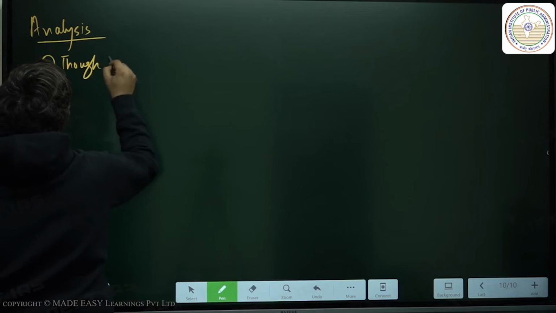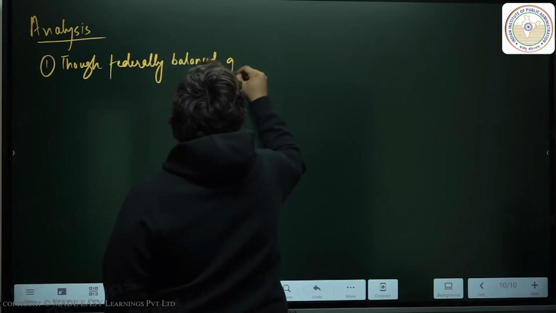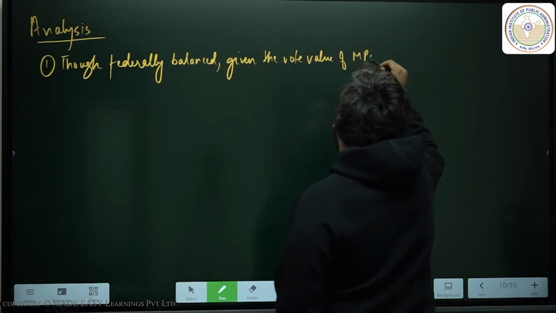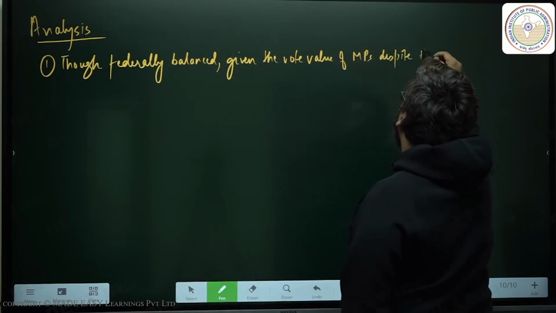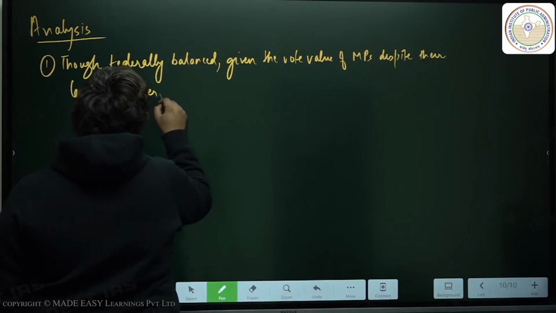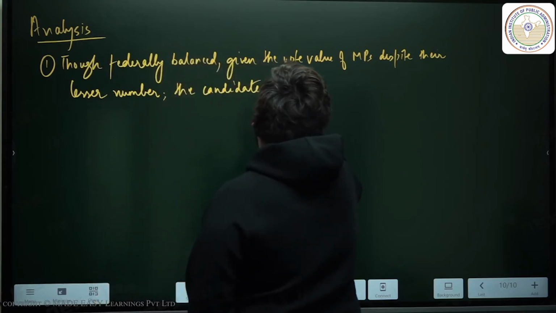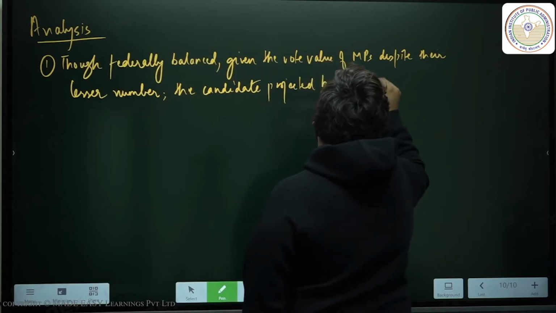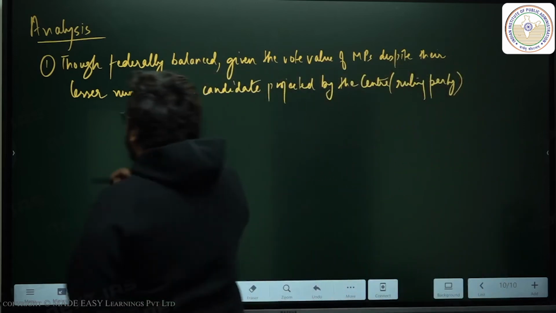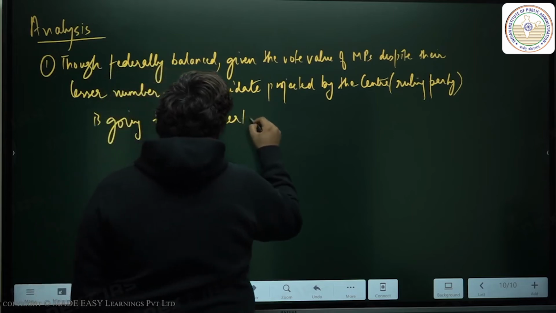Though federally balanced, given the vote value of MPs, despite their lesser number, the candidate projected by the center or the ruling party at the center is going to have a certain edge.